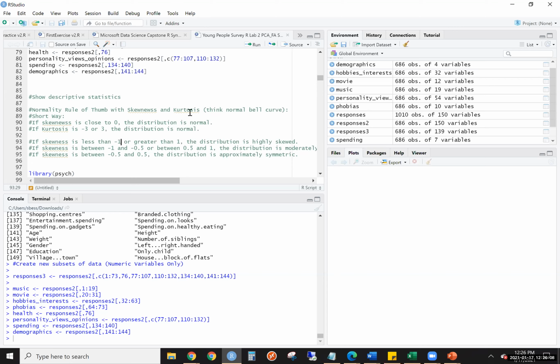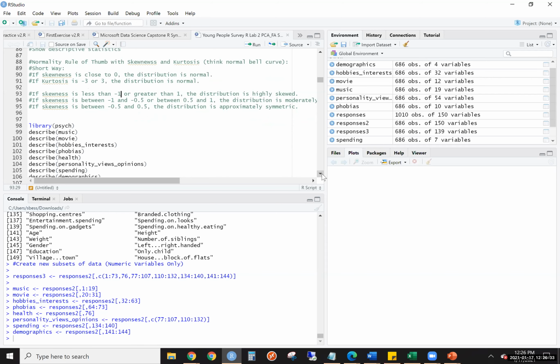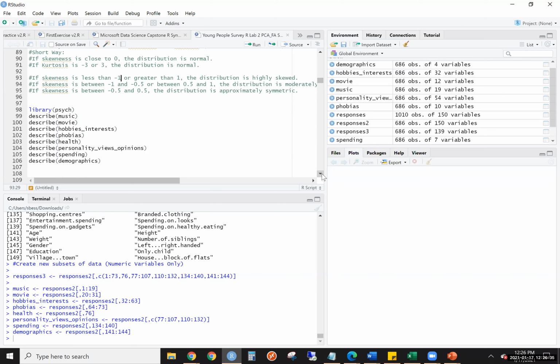Or you can also use skewness and kurtosis. So skewness and kurtosis can be very subjective. And here are some rules of thumb of how to do skewness and kurtosis. I typically like to either use the Shapiro-Wilk test or Anderson-Darling test, depending on the sample size. And obviously, if I have a sample size that's greater than 3,000, I am forced to only use the visualizations of box plots and histograms and normal bell curves and things like that.